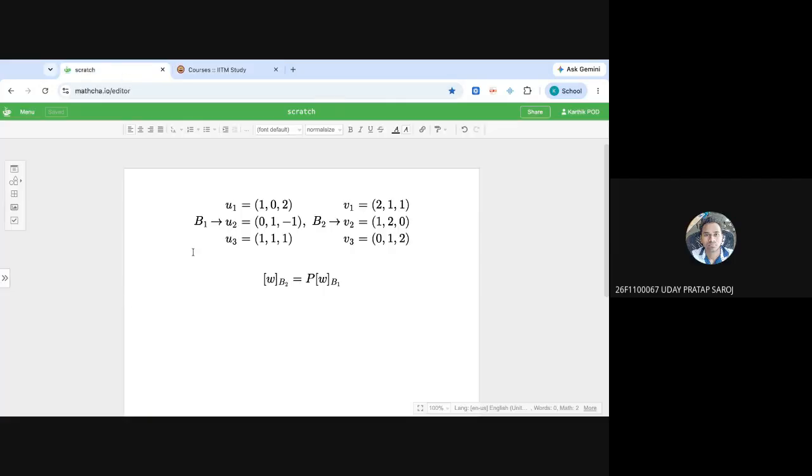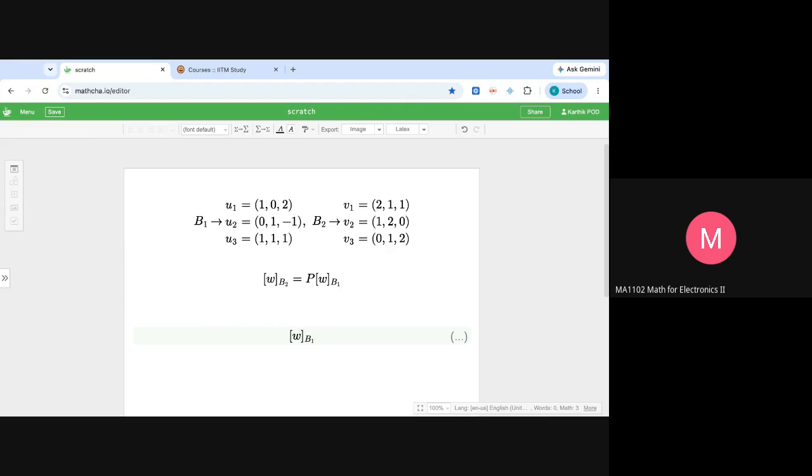Let's first try to understand what we mean by this. W is some vector, and we want its representation in the basis B1.